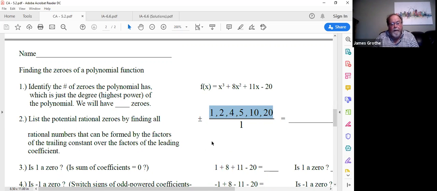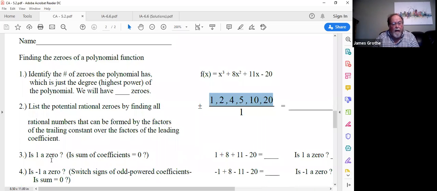We ask ourselves, is positive 1 going to be a zero? Well, if we add up the coefficients, 1 plus 8 plus 11 minus 20, we find that they do equal 0. And so yes, 1 turns out to be a zero.